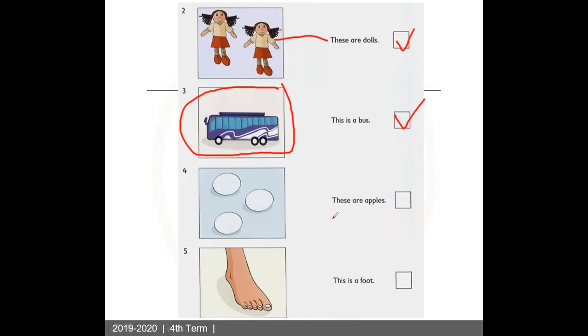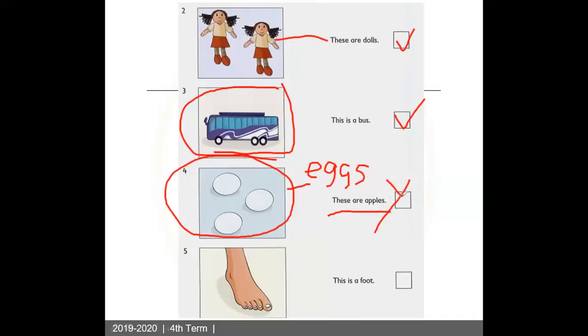What about number 4? Let's have the description. These are apples. Are these apples? No, they aren't. So what are they? They are eggs, right? They are eggs. So all you need to do is to cross it. What about number 5? Let's read it. This is a food.